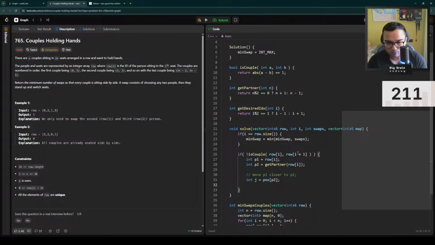So what do I need to do? Position of p2 will be t1, get desired index of p2, right? I have to move p1 to t1, right? Then I can simply swap p1 to t1, swap row I and row t1.